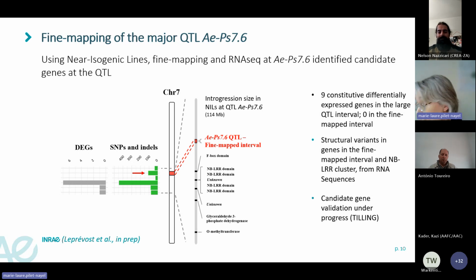So it's complicated to tell today which function underlies this QTL. We need more whole genome sequences in the resistant genotypes, and more validations on the genes.